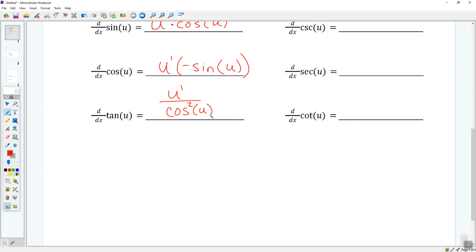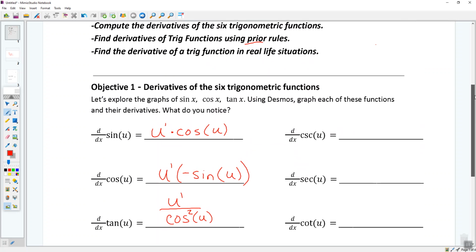The derivative of your cosecant, my friends, is gonna be the cosine of u. I should write it this way, kids.